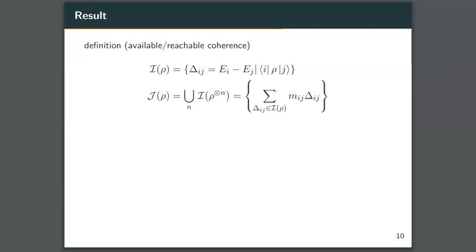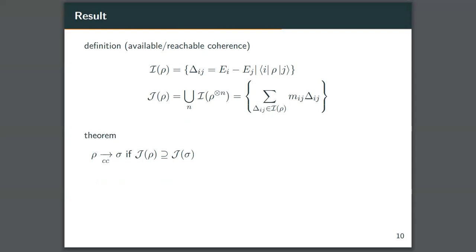Think of it as the available coherence in multiple copies of rho. It looks weird, but if you work out what this thing is, it's just integer combinations of the elements in the available coherence, positive and negative. And what we showed is that we found a law of coherence processing in asymmetry.